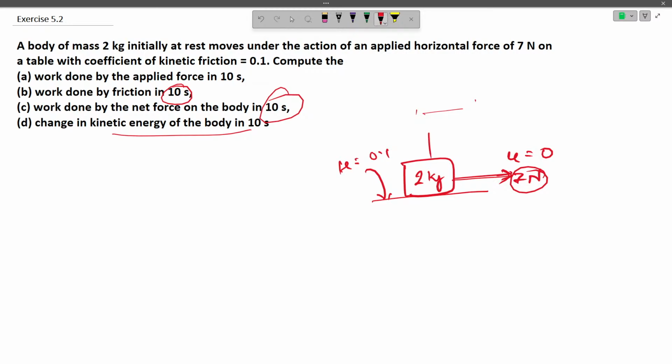which can be given by normal reaction multiplied by 0.1. Now normal reaction would be 20 Newton, so 20 Newton multiplied by 0.1 is the maximum frictional force, that is 2 Newton. And we have been given that the force is applied for 10 seconds, so we can find out what would be the displacement of this body in 10 seconds.